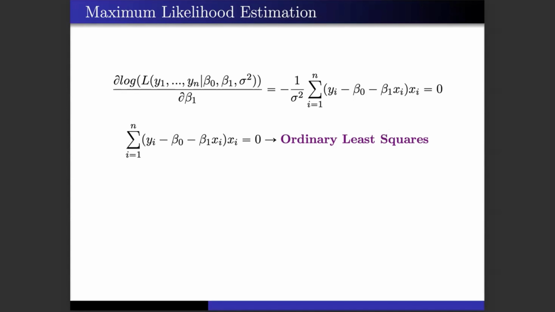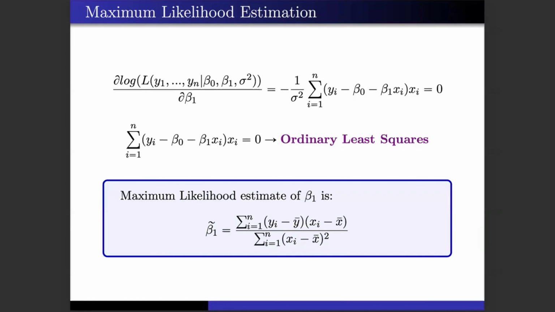So we imitate the steps from there, and we get that the maximum likelihood estimate of beta 1 is exactly the same as what we get when we use the ordinary least square estimation method. And this beta 1 tilde here denotes the maximum likelihood estimate of beta 1, which is equal to summation yi minus y bar times xi minus x bar divided by summation xi minus x bar whole square.